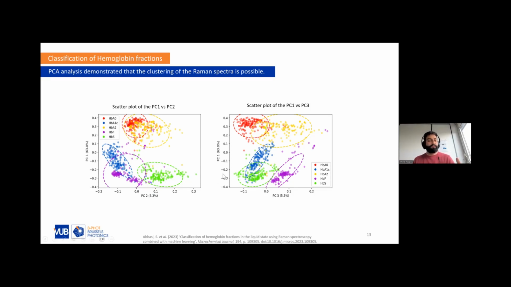Now, this is only for visualization, of course. My data is not only defined by its variances, but also there are more complicated relationships and codependencies in the data that I can use to my own advantage to say, okay, if I have a new spectrum, to which cluster, to which group does it belong?